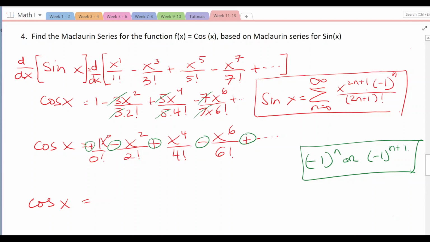So the power series notation will be x raised to the power of 2n, because this is n equals 0, and then this is n equals 1, and then this is n equals 2, like that. So we can say that we have x to the power of 2n.